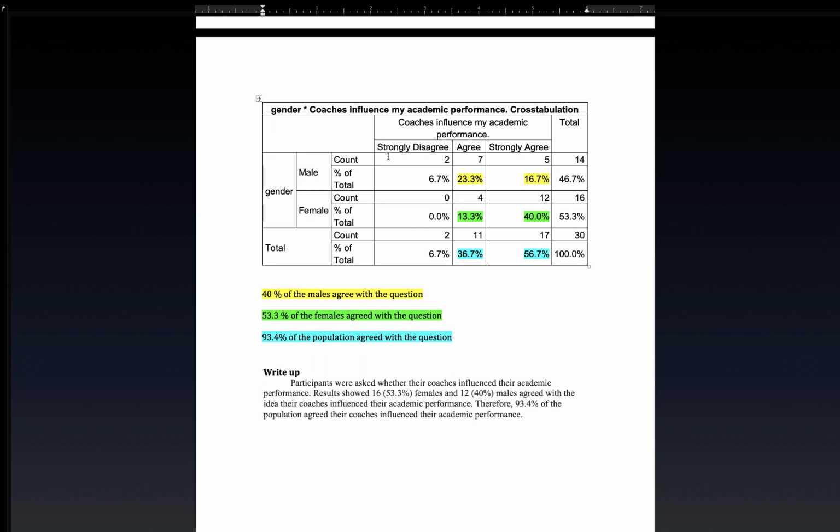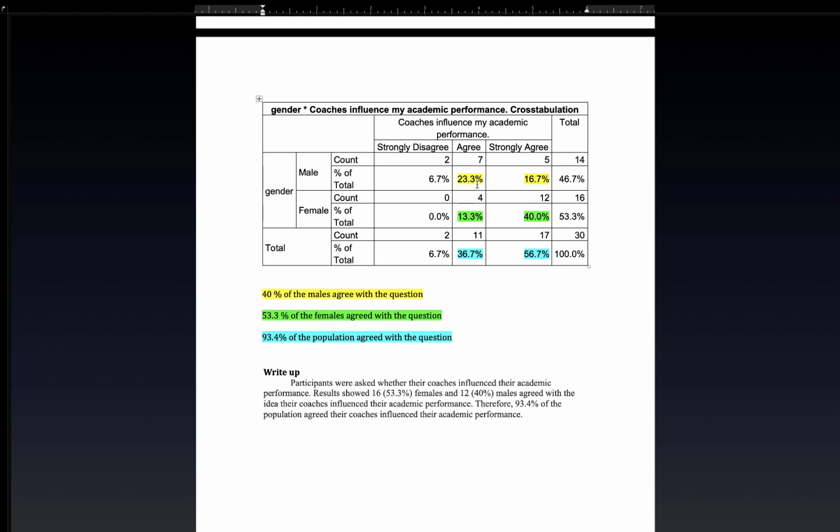Now, a count means how many people. We had 7 people agree and 5 people not agree, equaling 14. Now you have the percentages here. We're looking at the agree percentages because there are 12 people of the 14 who answered agree or strongly agree. So basically the group agreed, especially the male group, and so did the female group.